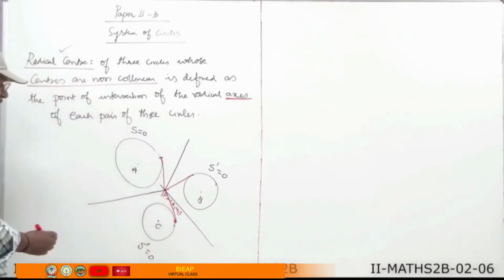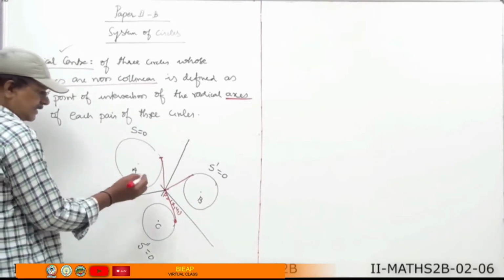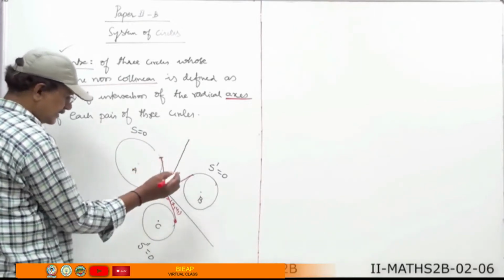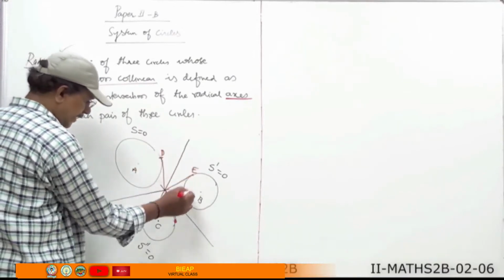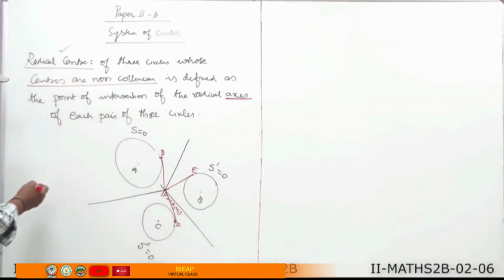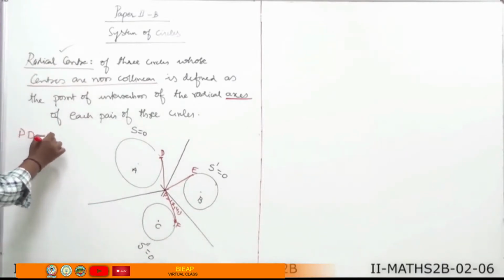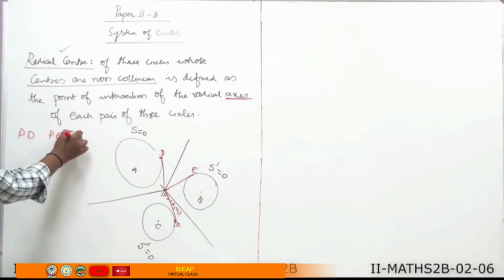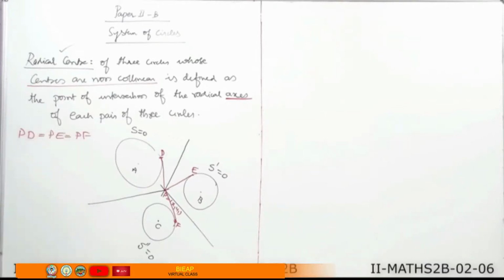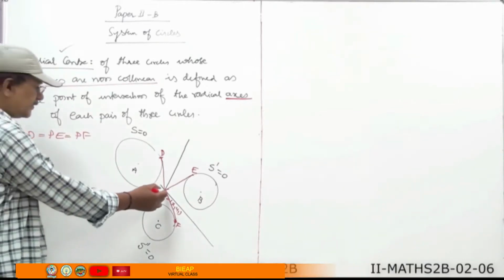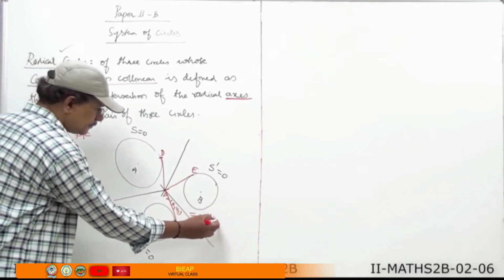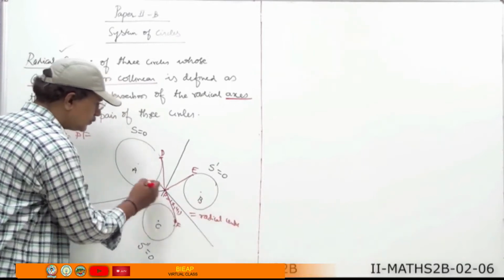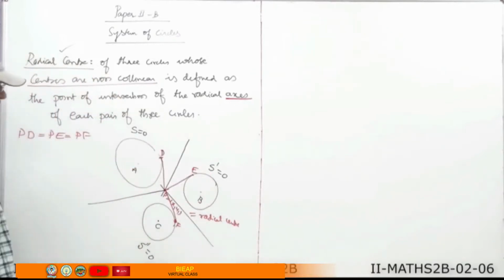Now I call these distances PD, PE and PF. If you take these distances PD, PE and PF, these are equal in length. That means the length of the tangent drawn from the radical center to any one of these three circles is the same.